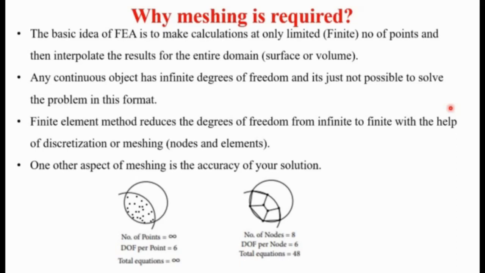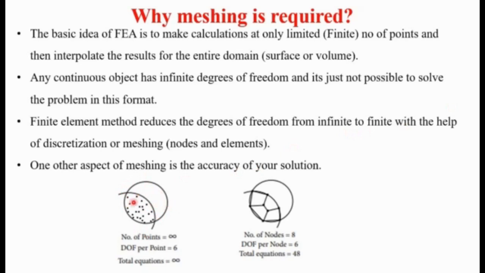The basic idea of finite element analysis is to make calculations at only a limited, or we can say a finite, number of points, and then interpolate these results for the entire domain, the surface or the volume that we need to analyze. As we already discussed, the first step in FEA is to divide the entire surface or object into a small number of pieces.